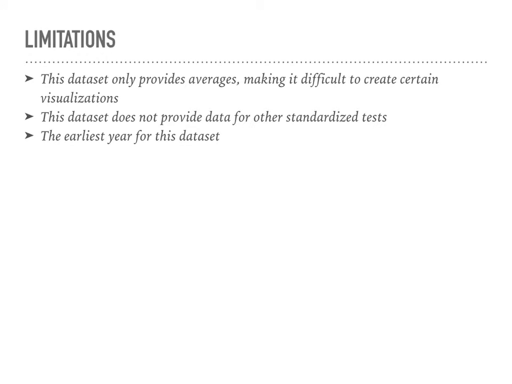So for this data set, there are a few limitations. First off, I noticed when I was looking at this data set and starting to write my code, this data set only provides averages, which makes it difficult to create certain visualizations since there is only one data point in certain lists. Also, this data set does not provide data for other standardized tests.